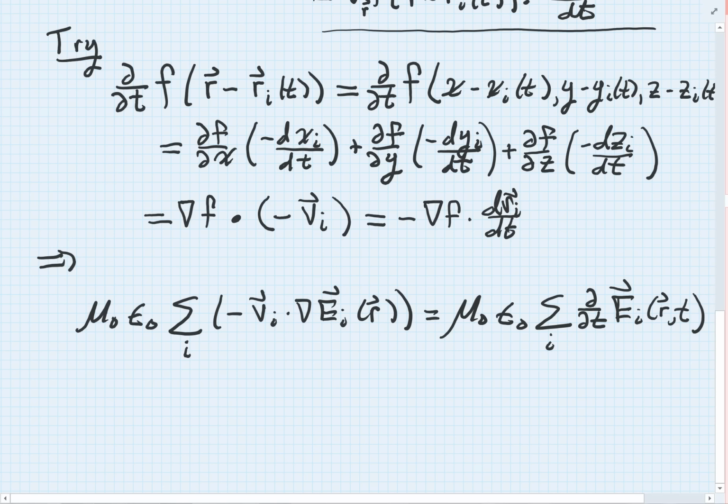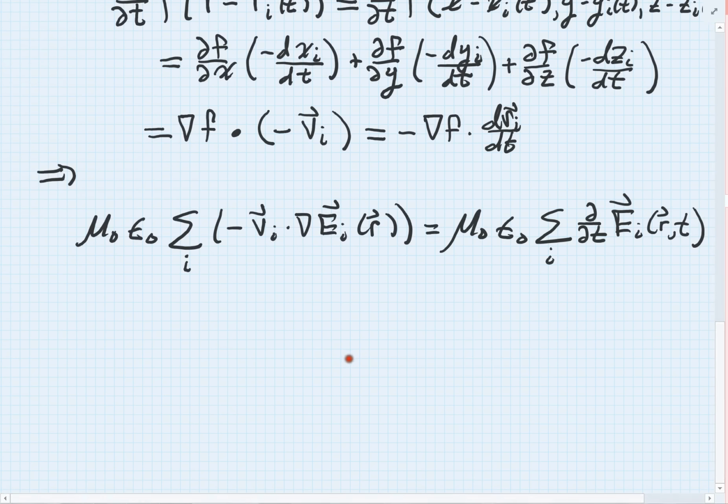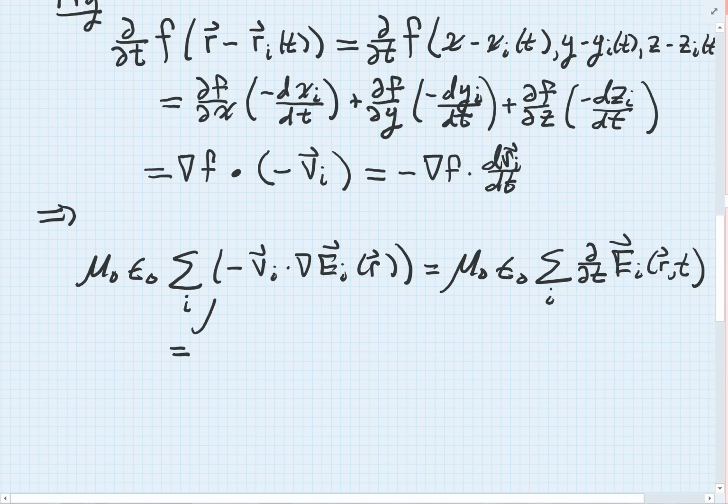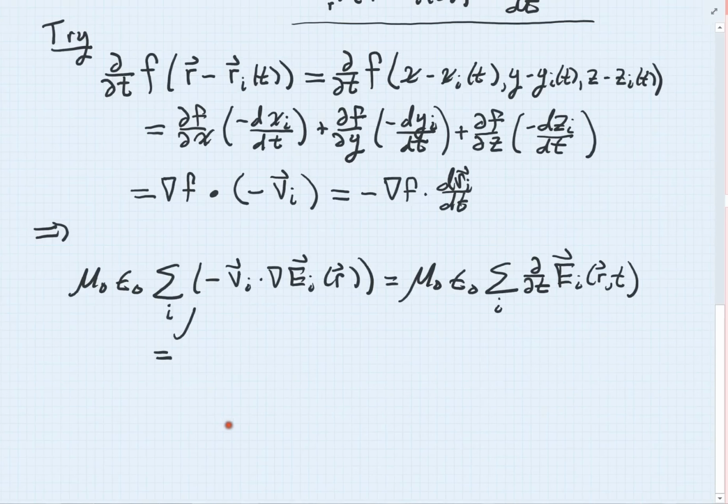But now that clearly is something we can really get a handle on. We recognize that this is mu naught epsilon naught times a sum of time derivatives. But the derivative of a sum equals the sum of the derivatives.